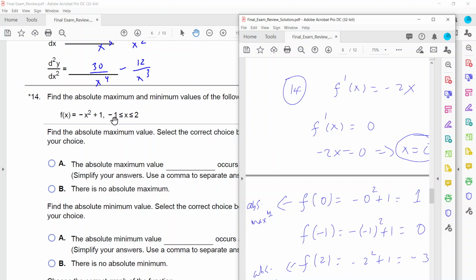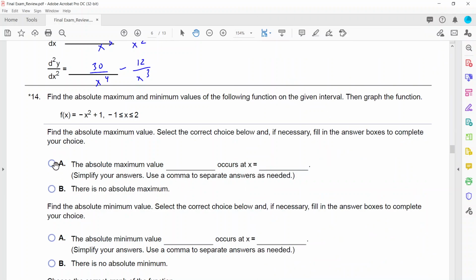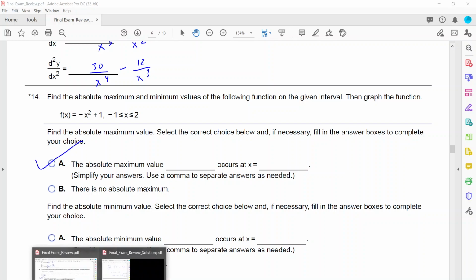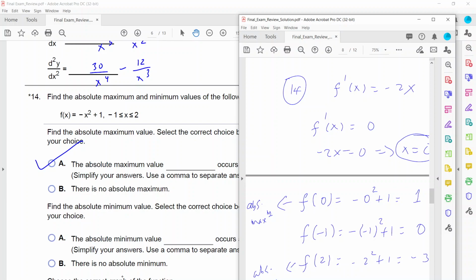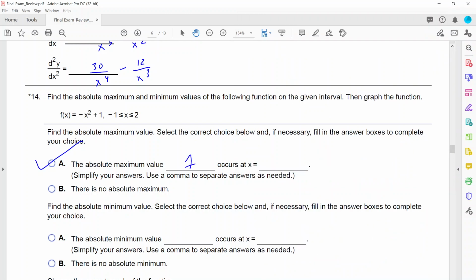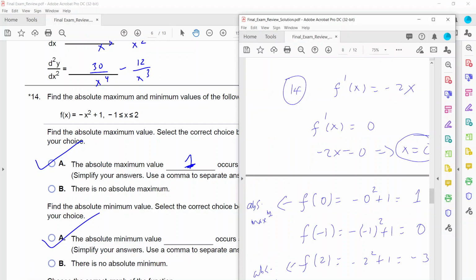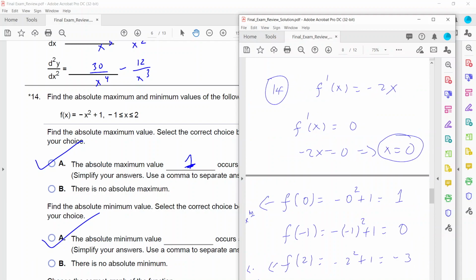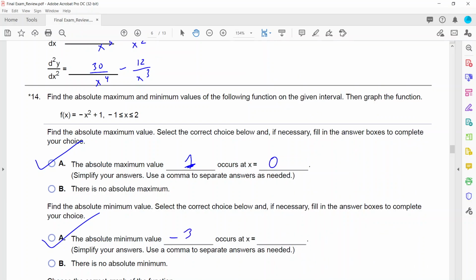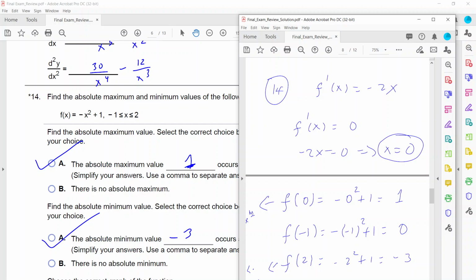Here you can see that the interval is closed. So the absolute maximum value is 1 and occurs at x equals 0. The absolute minimum value is negative 3, and you can find it at 2.